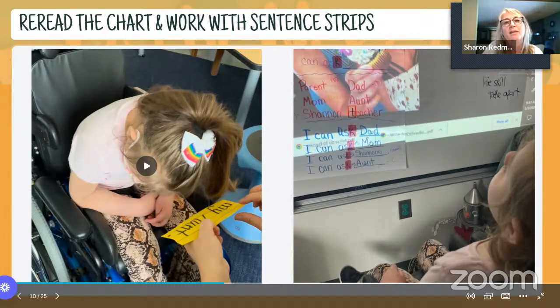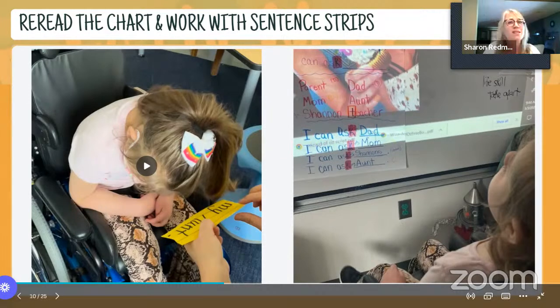And it's also a piece that I feel our students, I know with me, my students did not have access to until I started doing predictable chart writing. They didn't have access to telling me where a word starts and where a word ends. They didn't have access to manipulating words around.